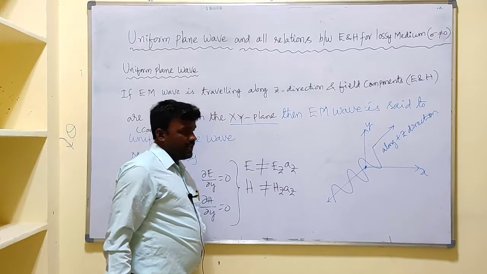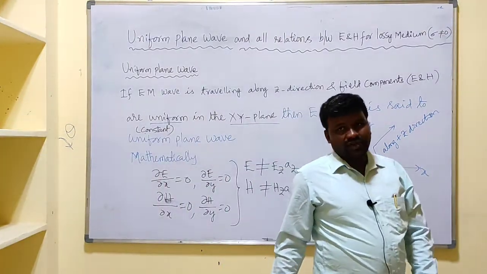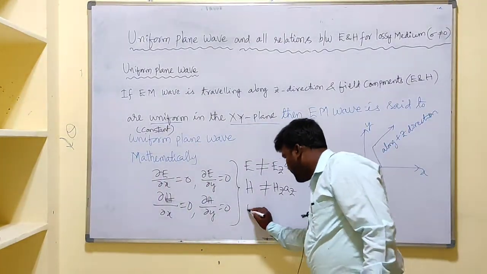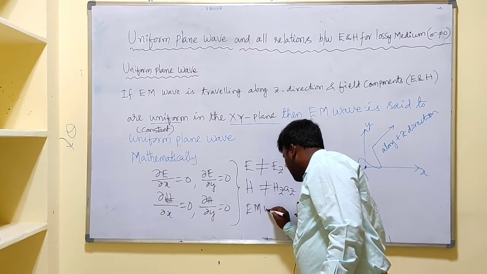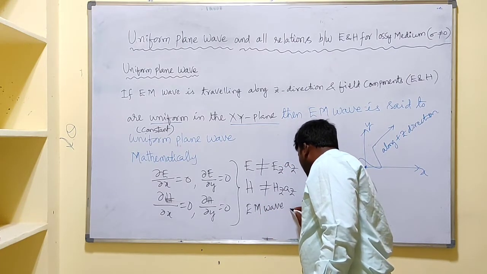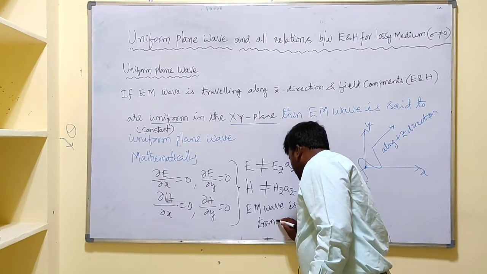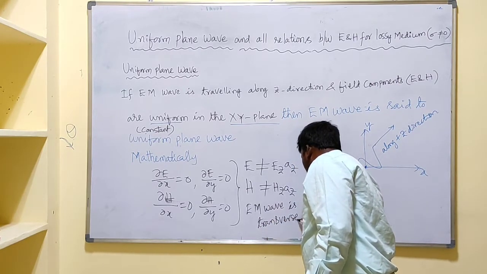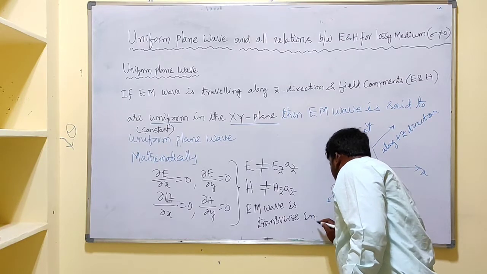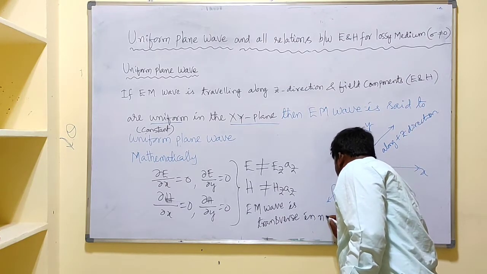Why? Because this electromagnetic wave is transverse in nature. EM wave or uniform plane wave is transverse in nature. So that's why this uniform plane wave is also called as transverse electromagnetic wave.